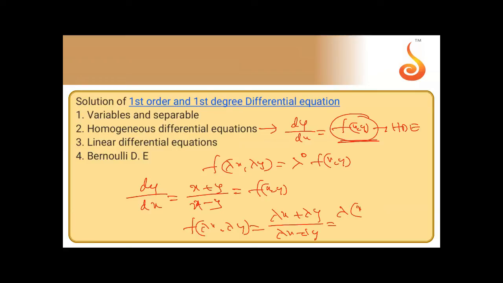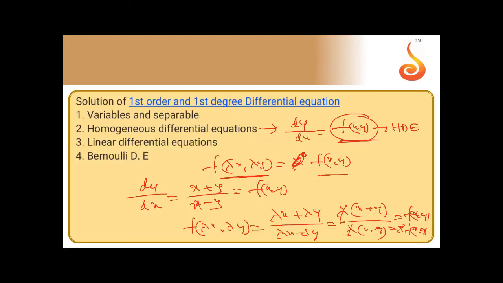Lambda is common in the numerator, x plus y, and in the denominator, x minus y. So lambda cancels, and this is nothing but f of x y, that is lambda power 0 times f of x y, which is 1. So f of lambda x, lambda y equals f of x y. Then the equation is called a homogeneous differential equation.